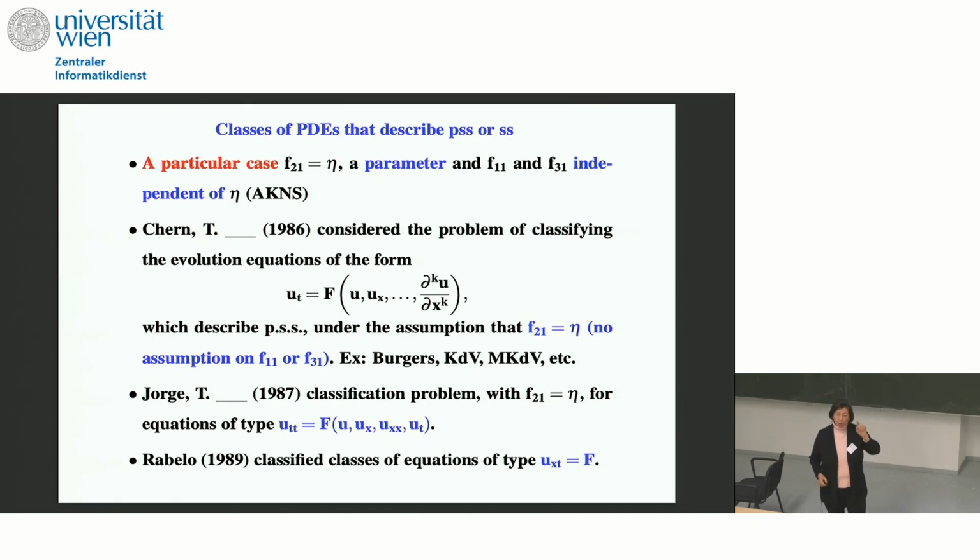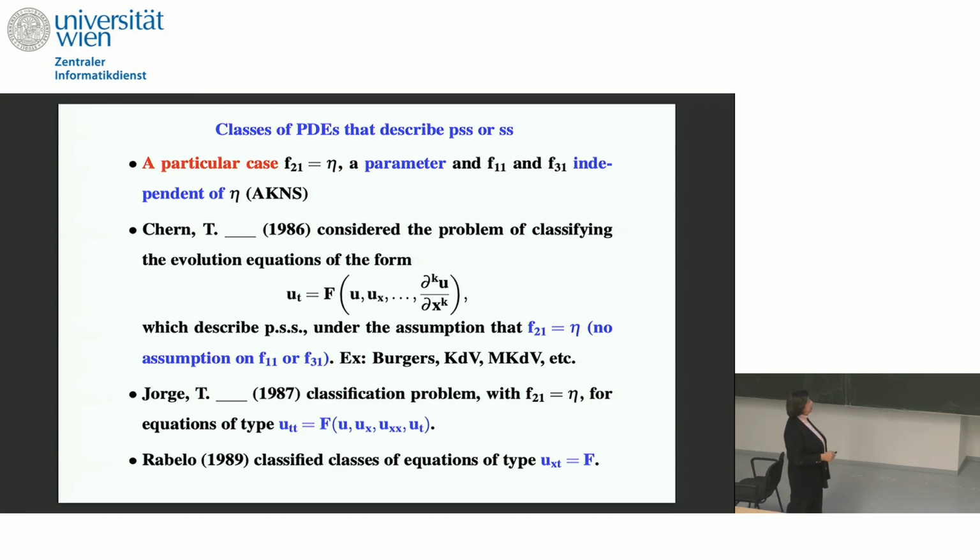But in those papers, F11 and F31 could not depend on the parameter. In our case, we let this condition free. And in the first paper we started obtaining classification theorems for evolution equations of this type, u_t equal to f, etc., that describe pseudo-spherical surfaces with this assumption, F21 equal to eta, just this one.